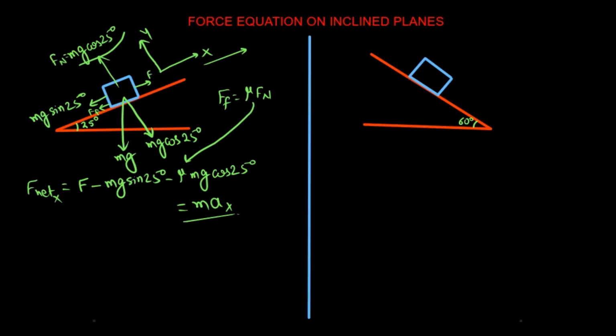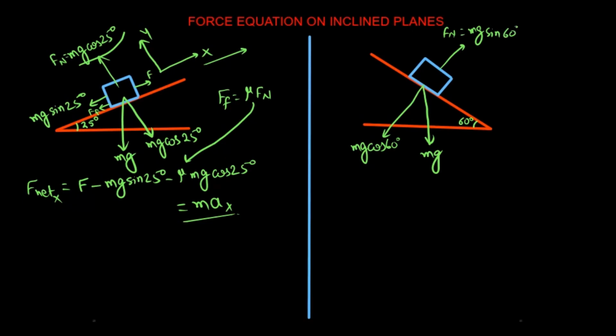For the second situation, mg will act downward as always. The component mg cos 60 degrees will go here, and the normal force would be mg sin 60 degrees perpendicular to the surface.